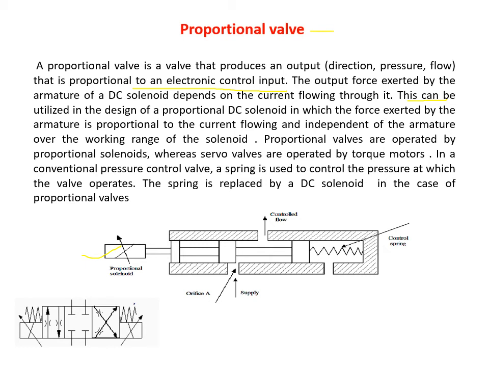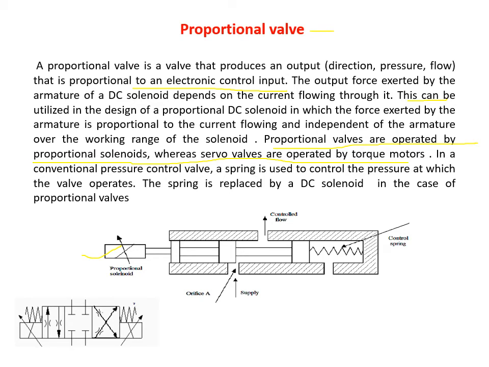The proportional valves are operated by proportional solenoids, whereas servo valves are operated by torque motors. So there is a difference between a servo valve and a proportional valve: in a proportional valve you have direct control and you don't need a torque motor to control the valve. In conventional pressure control valves, a spring is used to control the pressure at which the valve operates.